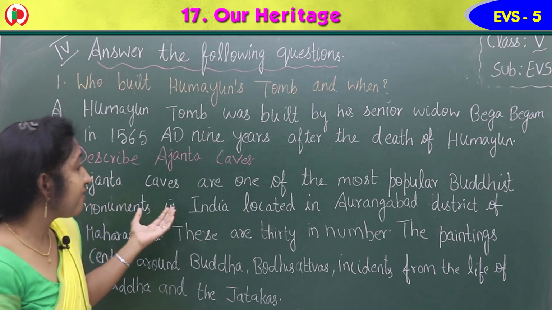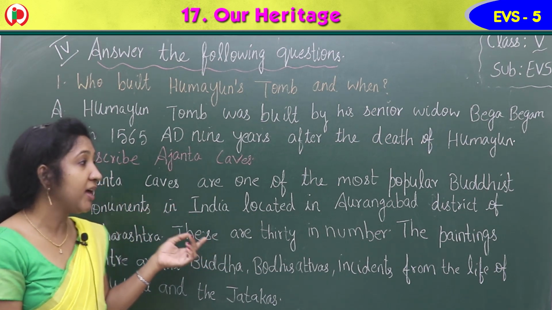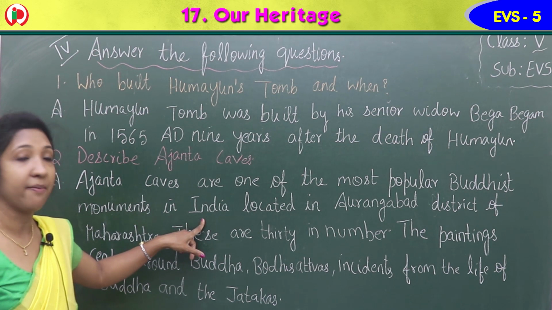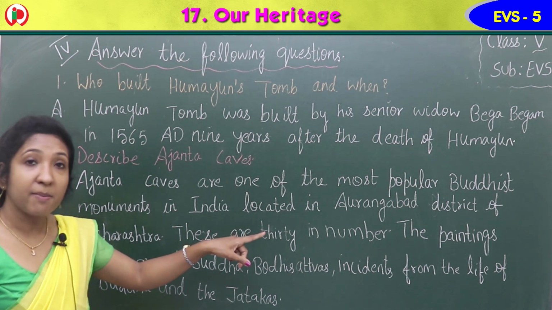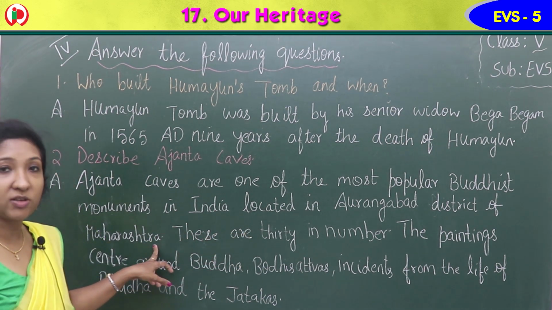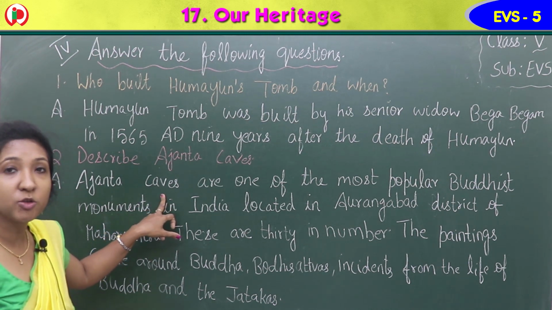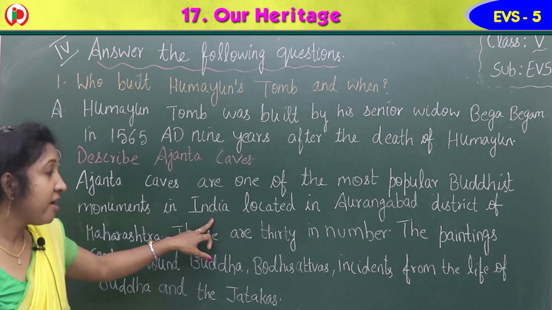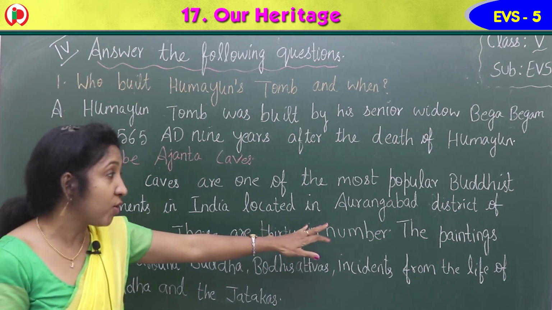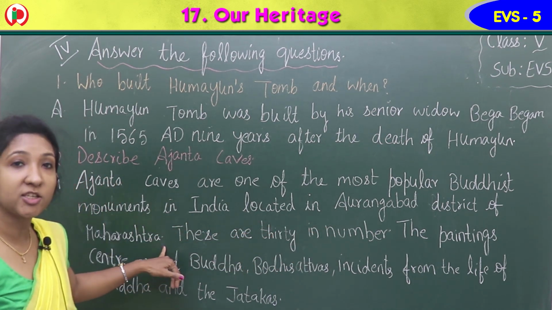So Ajanta Caves are one of the most popular Buddhist monuments in India. It is located in Aurangabad district of Maharashtra.